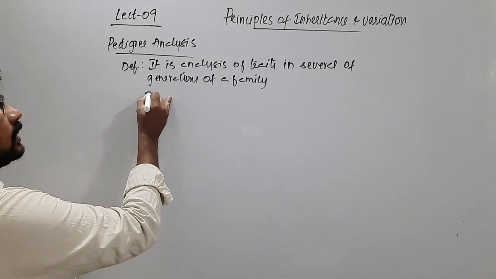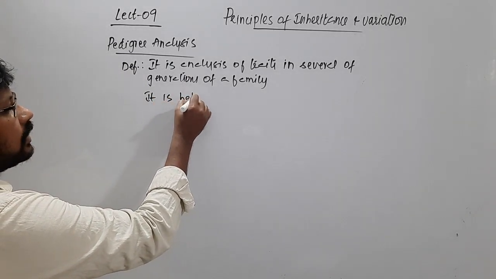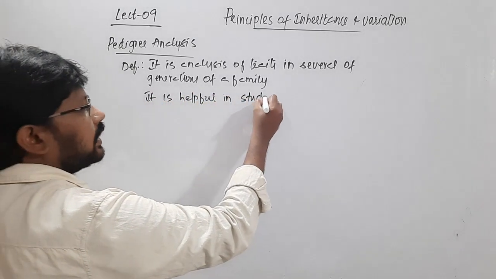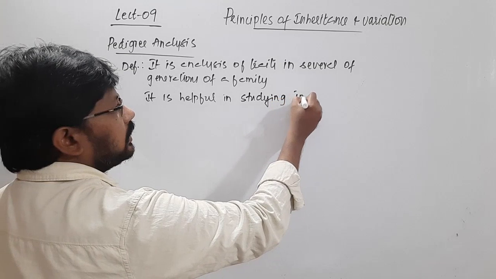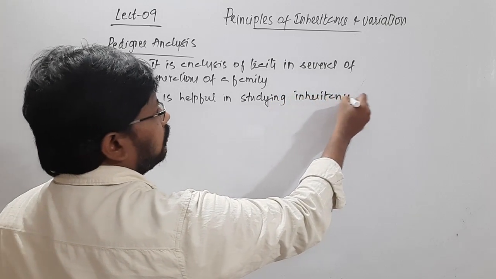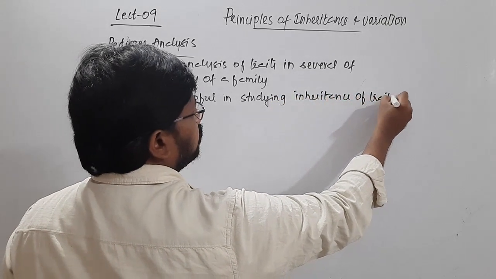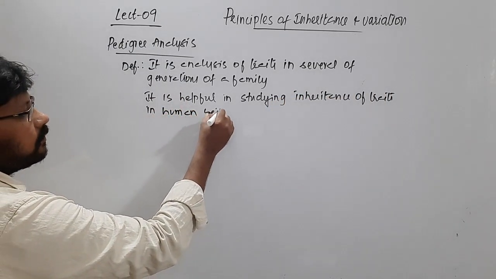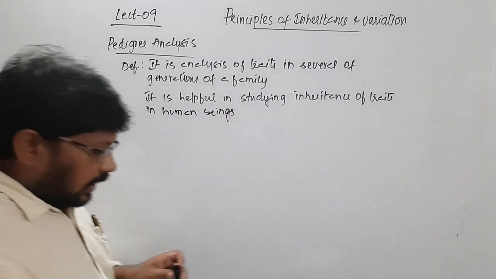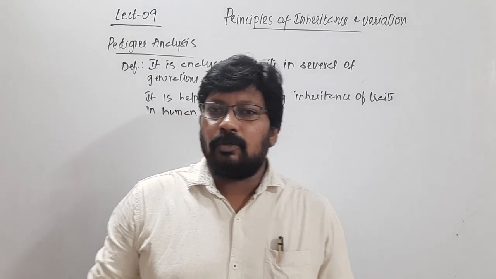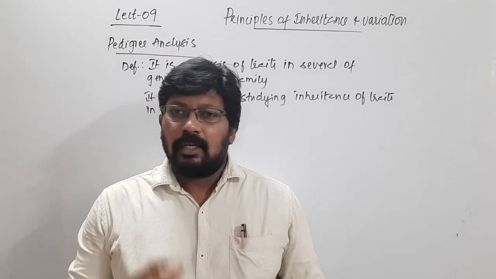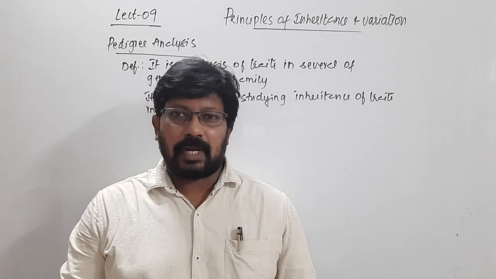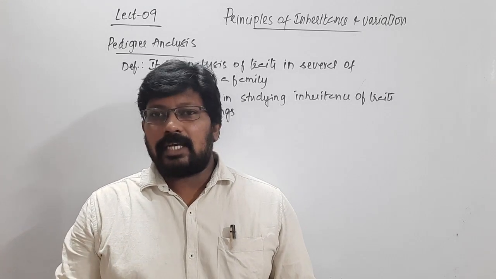So it is helpful in studying the inheritance of traits in human beings. In the case of human beings, we cannot make a controlled cross like we performed with a pea plant or other animals.